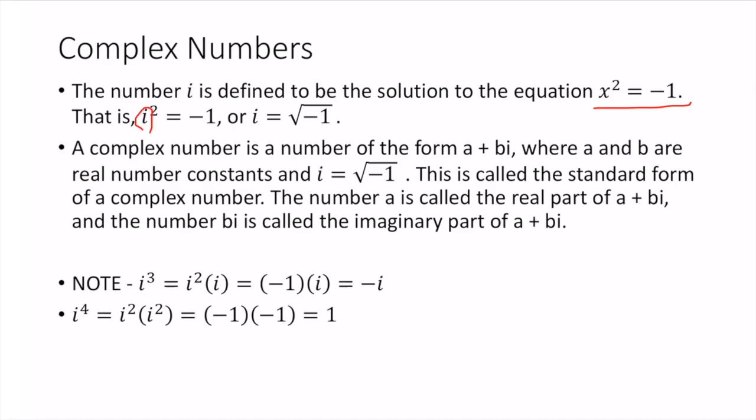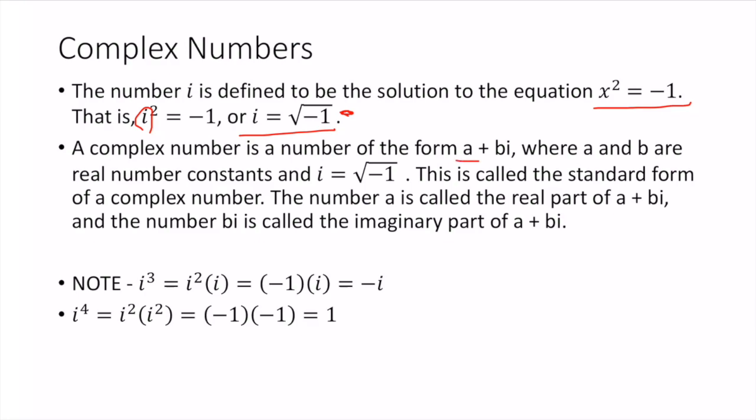So i squared is -1, because typically when we square a number, it's always a positive number. But in this case, i represents this imaginary number, the square root of -1. If we were to type this into our calculator, we would get an error message, and complex numbers are our way around that.